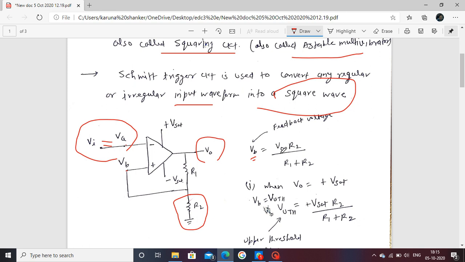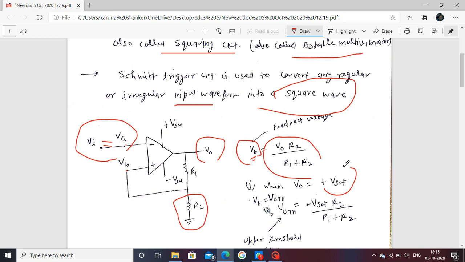This is the voltage divider rule applied here. VB is generally the feedback voltage: whatever the output is, using R1 and R2 the feedback is provided and VB is calculated.